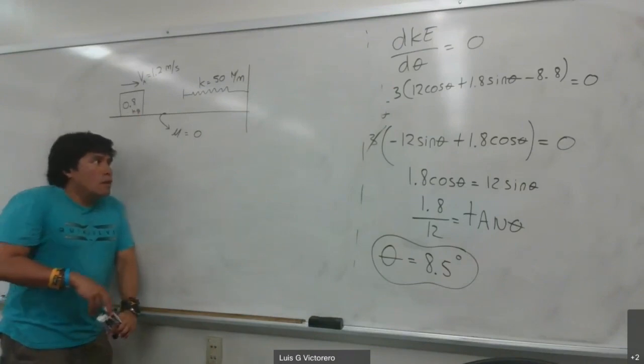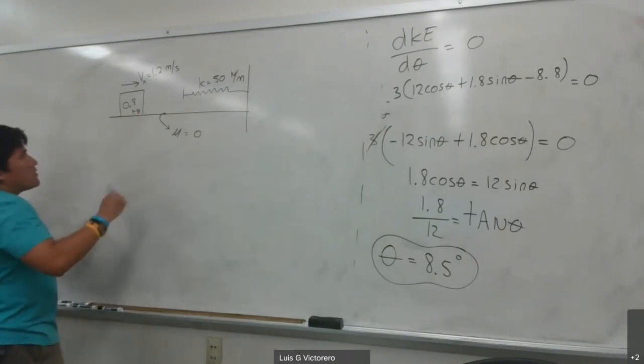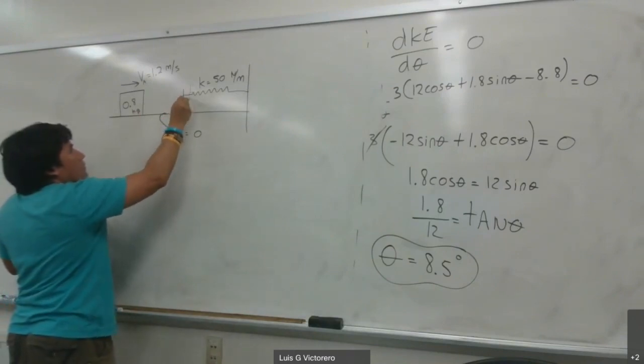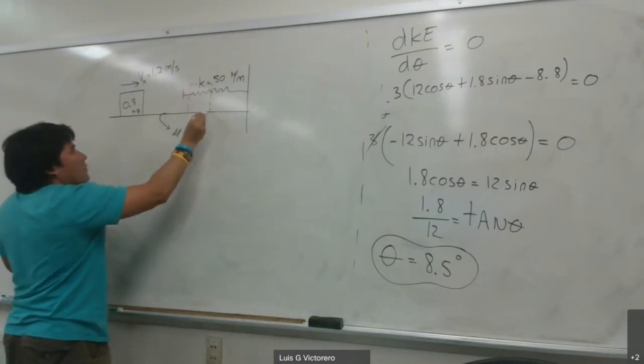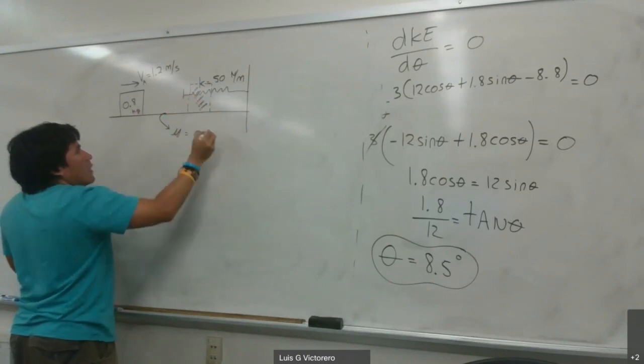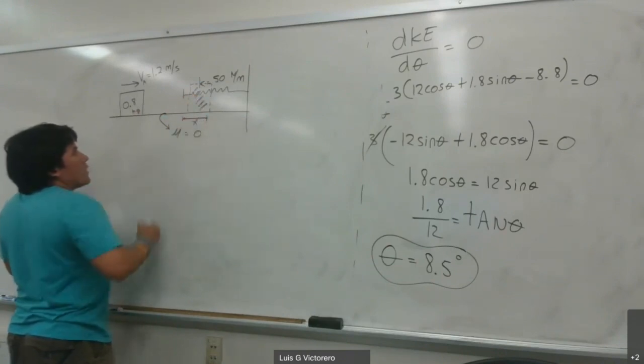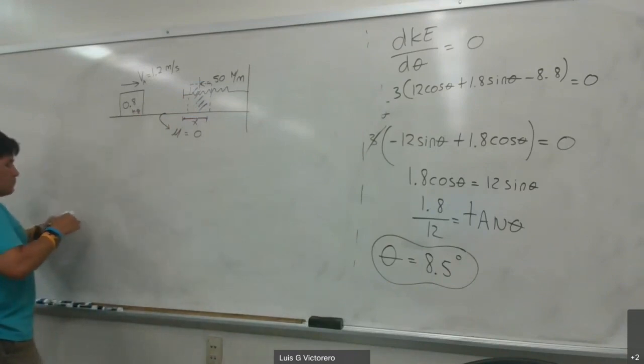But pretty much what it's telling you is that the block will reach a position here, and the spring will be compressed. So you want to find that value.